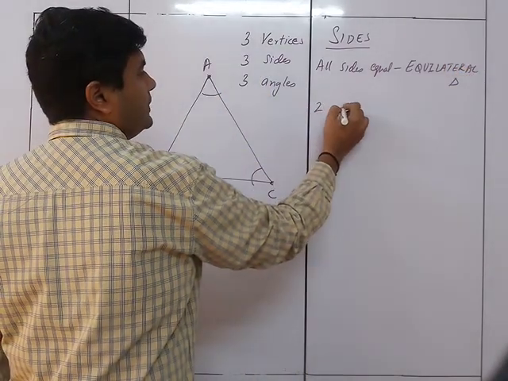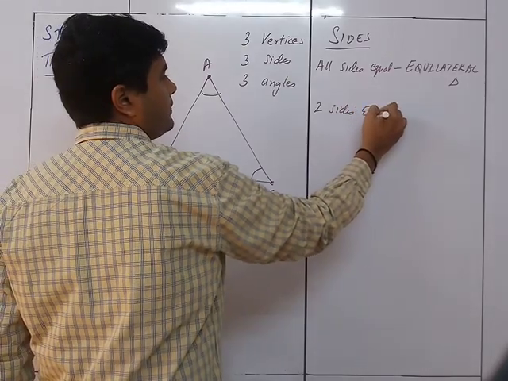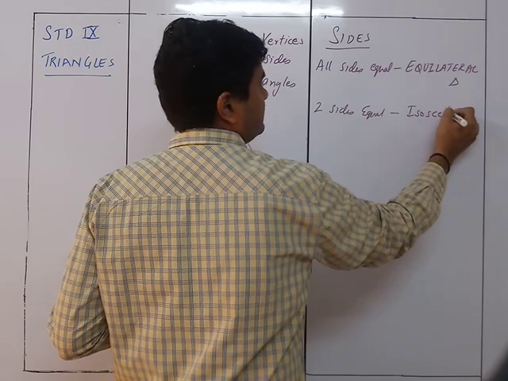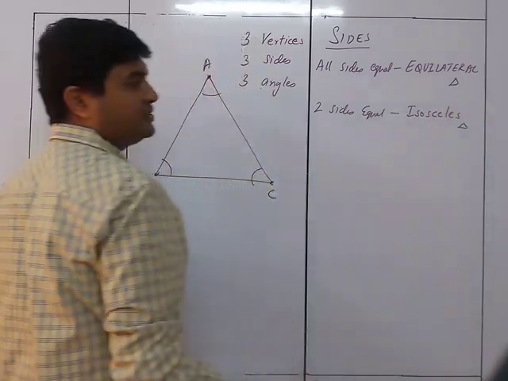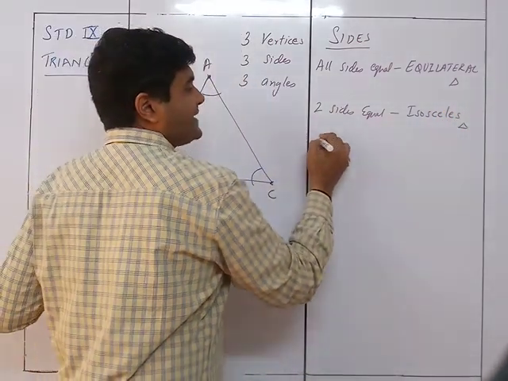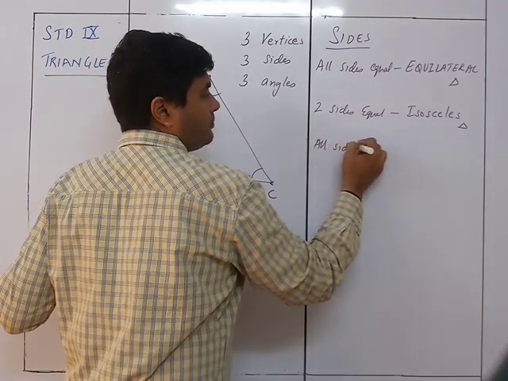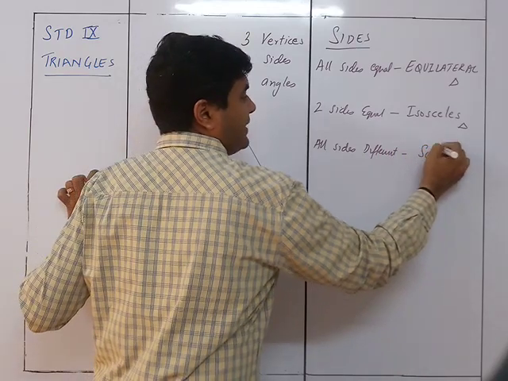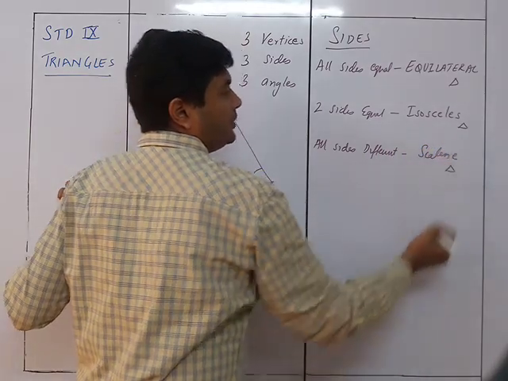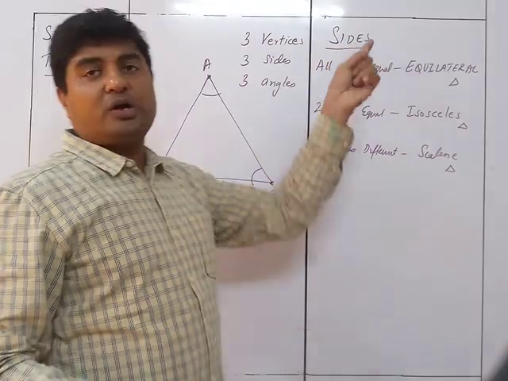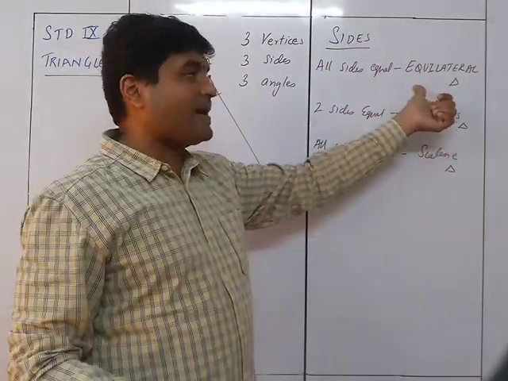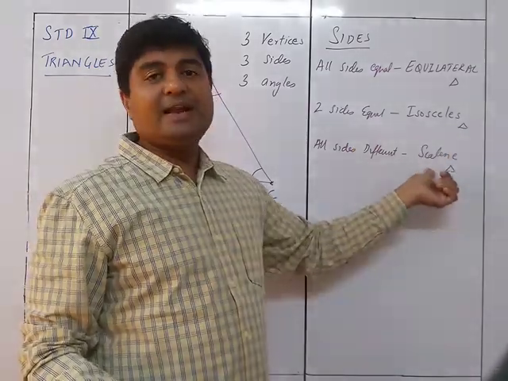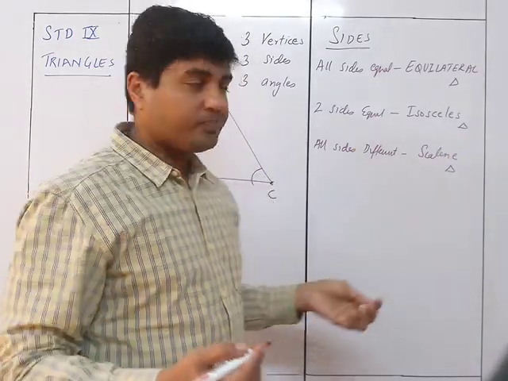If two sides are equal, then it is called an isosceles triangle. If all sides are different, then it's called a scalene triangle. So based on the sides, we have got three types of triangles: equilateral triangle, where all sides are equal; isosceles triangle, two sides equal; scalene triangle, none of the sides equal.